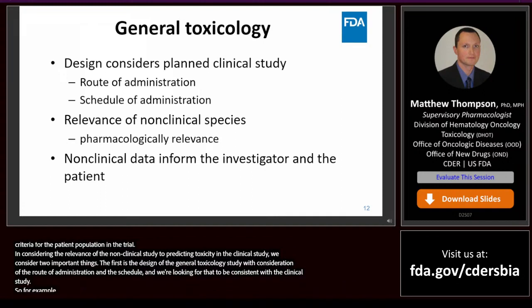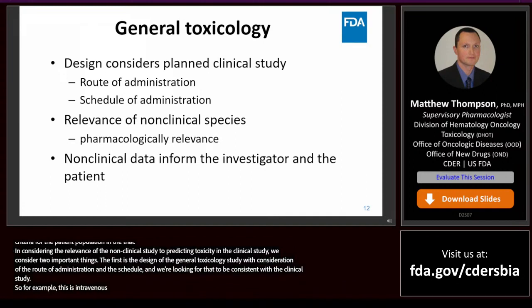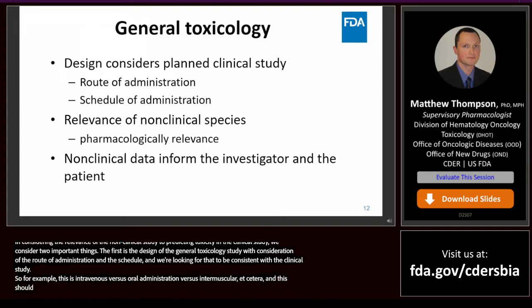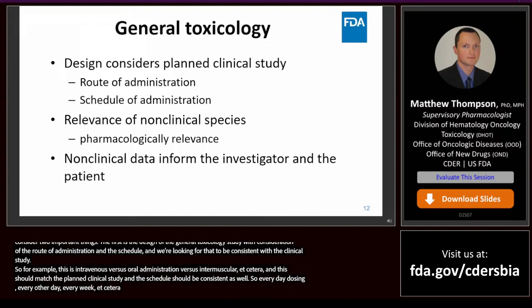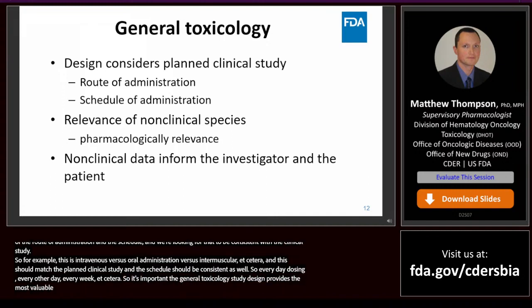So for example, this is intravenous versus oral administration versus intramuscular, etc. And that this should match the planned clinical study, and the schedule should be consistent as well. So every day dosing, every other day, every week, etc. So it's important that the general toxicology study design provides the most valuable information.